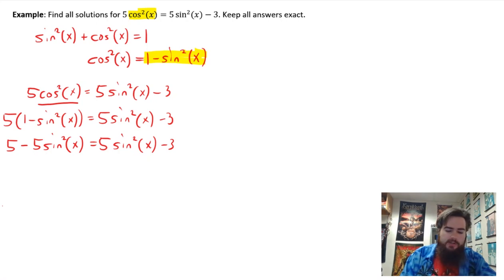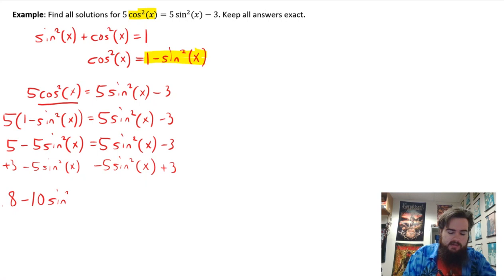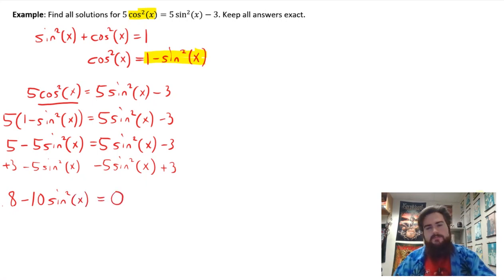So I'm going to subtract 5 sine squared of x from both sides. And I'm also going to add 3 to both sides. That will give me 8 minus 10 sine squared of x is now equal to 0. That's a little bit nicer.